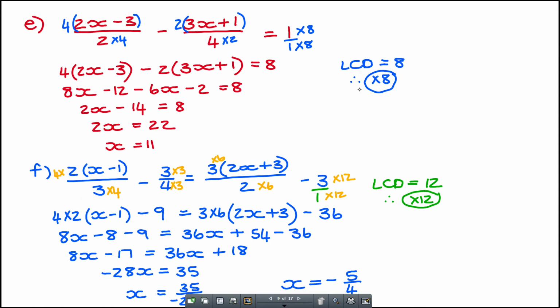Okay, let's look at E and F. These were the most difficult ones. Sorry, I know it looks very bad, but at E, you would see that your denominators are 2 and 4, and this denominator is actually 1. So between the 2 and the 4 and the 1, my lowest common denominator would be 8.